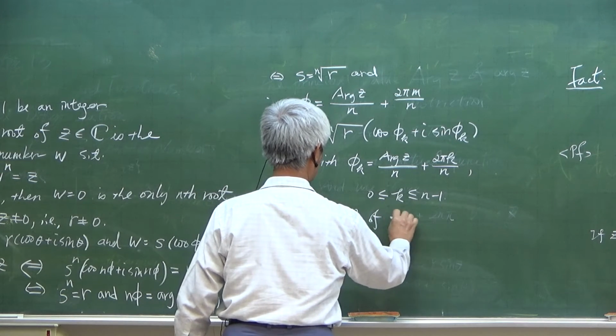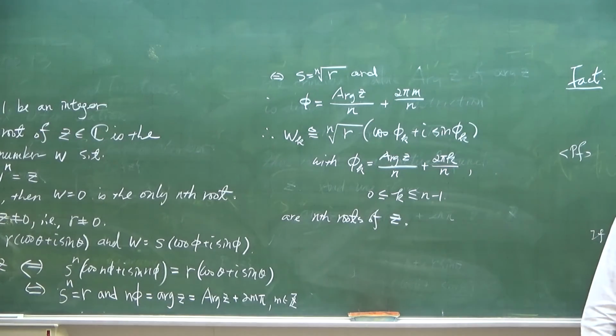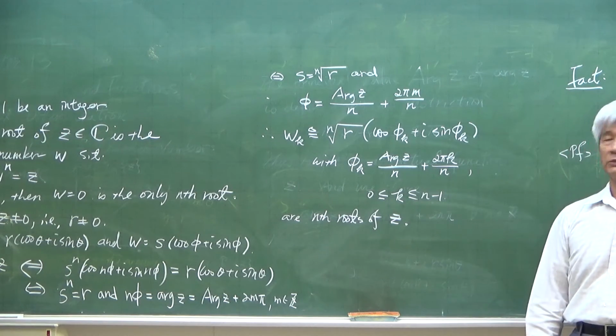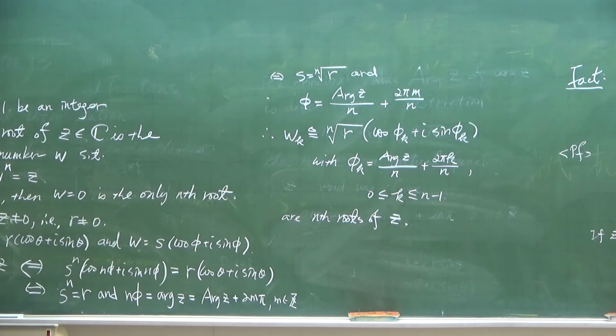Right? So how many nth roots do we have? Well, we have n nth roots. So if z is non-zero, then to find the nth root of z, we will find n such roots.